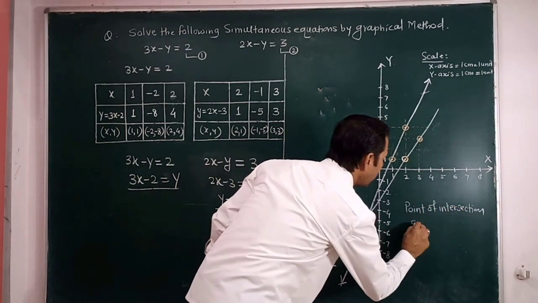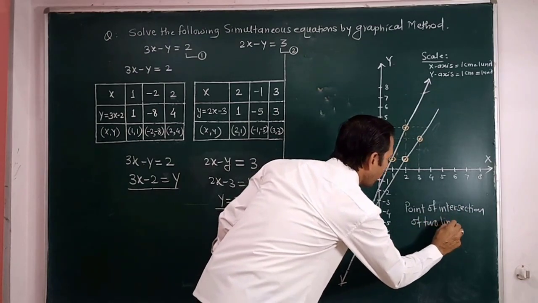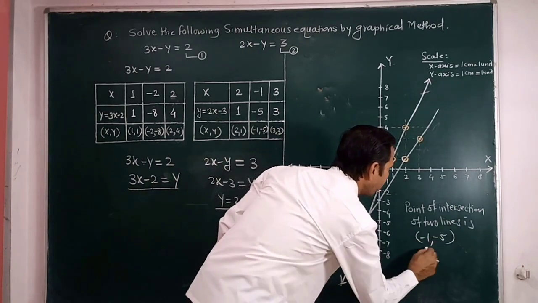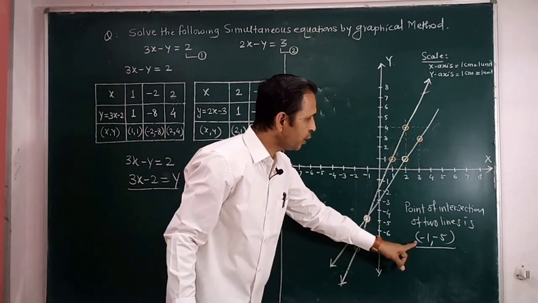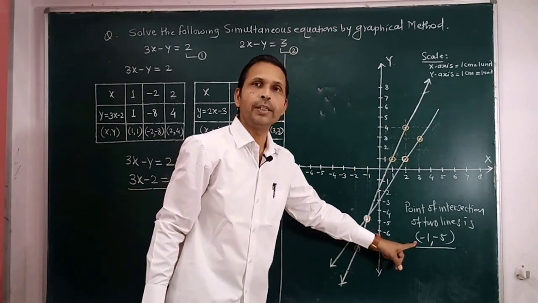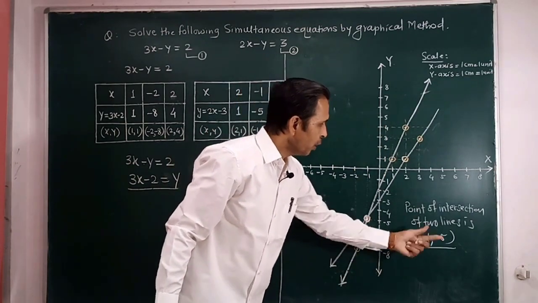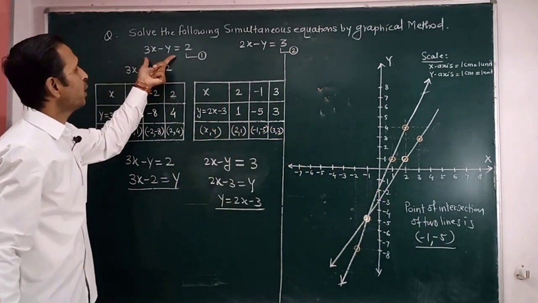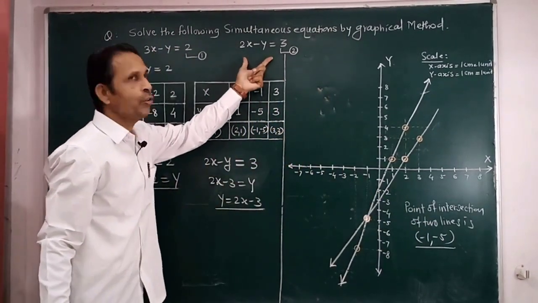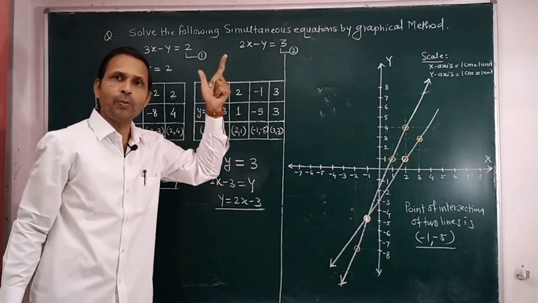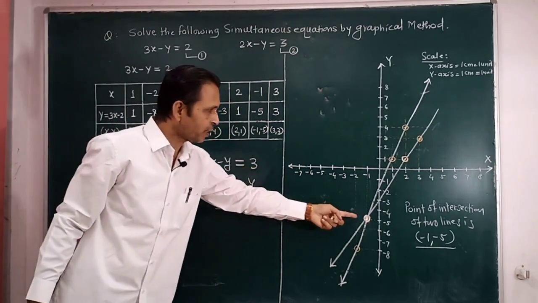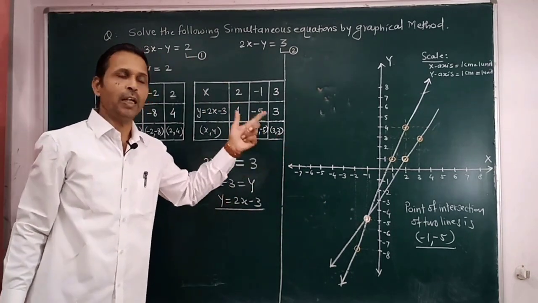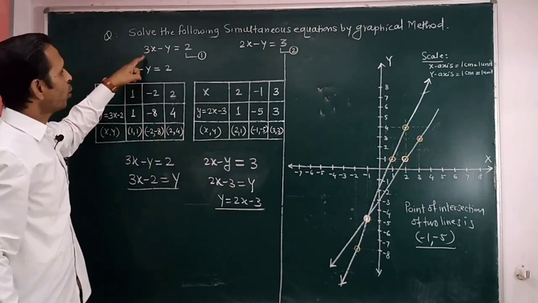The point of intersection of the 2 lines is minus 1 comma minus 5, and that's why this is the solution of the equation. Suppose we put these two values in the first equation and again put the same values in the second equation, you will observe that this solution satisfies both equations, and that's why this is the solution of the equation.